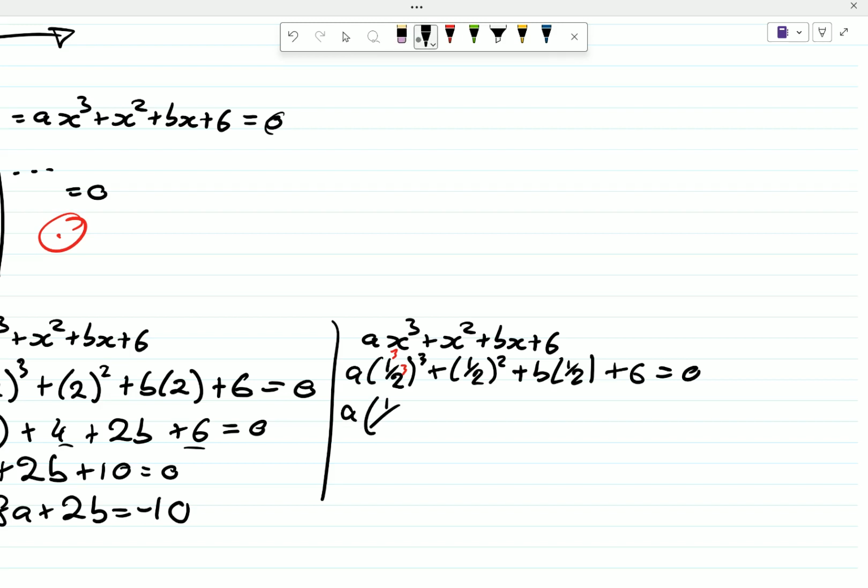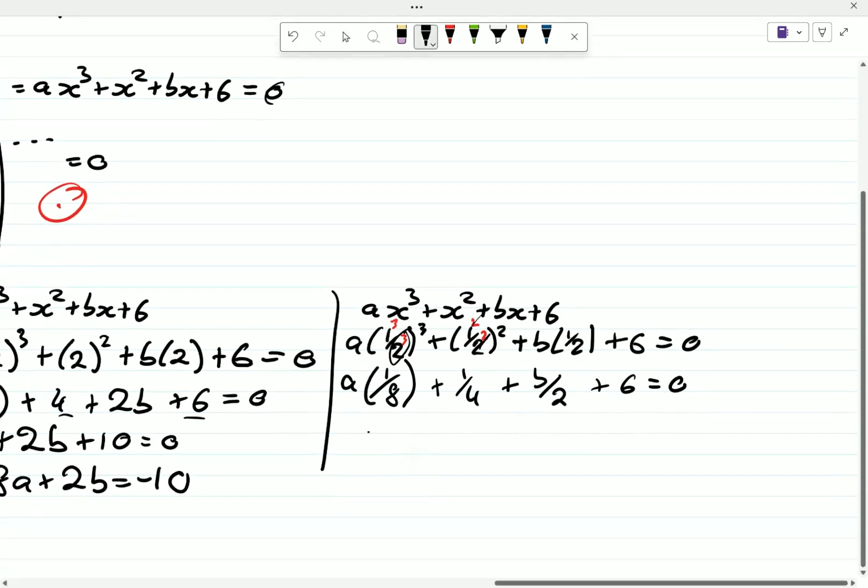That's a times 1 over 2 cubed, which is just 8. And similarly here, we can square the top, square the bottom. 1 squared is 1, 2 squared is 4, so that's 1 over 4. Plus, b times a fraction is just b over the fraction, plus 6 equals 0.